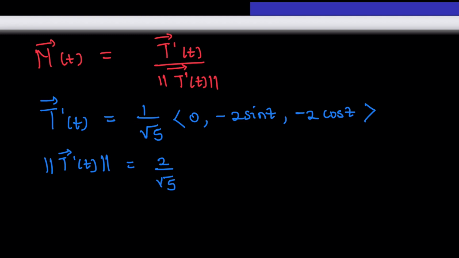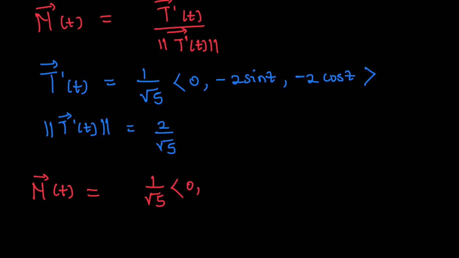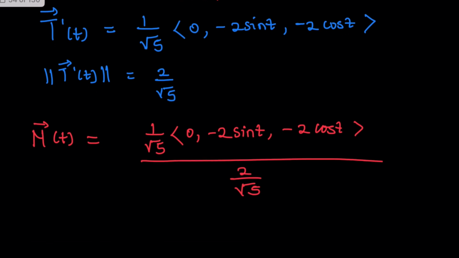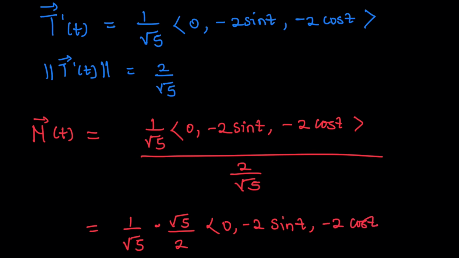So we are going to have our unit normal vector giving us 1 on root of 5, 0, minus 2 sine of t, minus 2 cosine of t, divided by the magnitude of T prime, which is 2 on root of 5. So this will simplify to 1 on root of 5 multiplying root of 5 on 2, 0, minus 2 sine of t, minus 2 cosine of t.